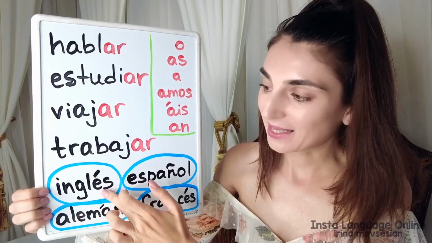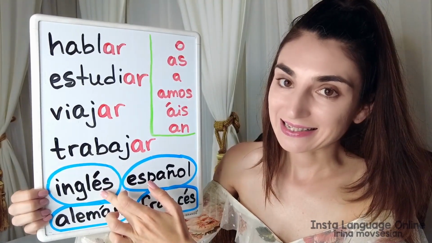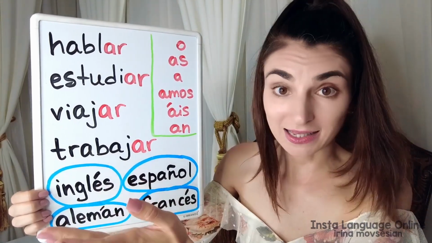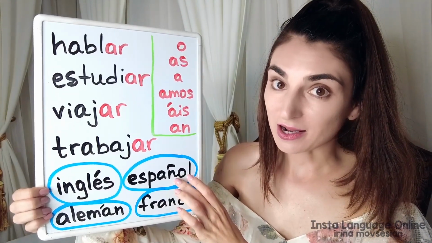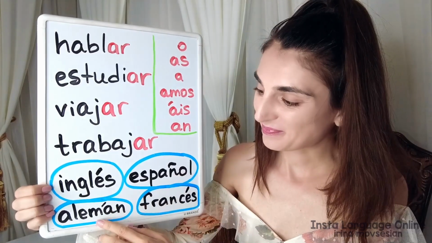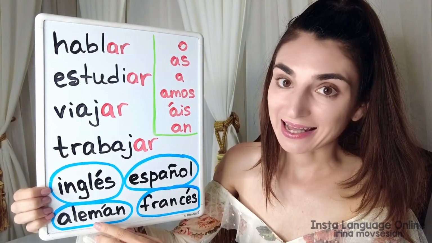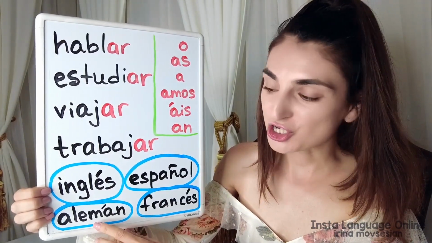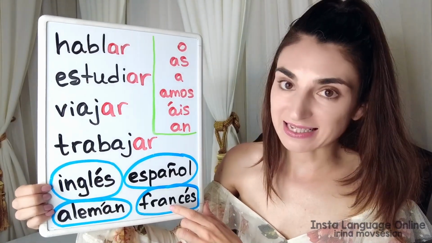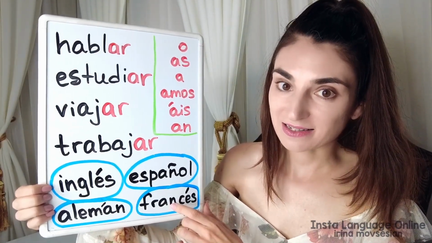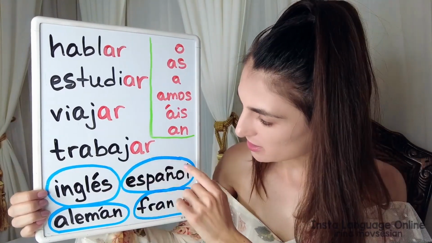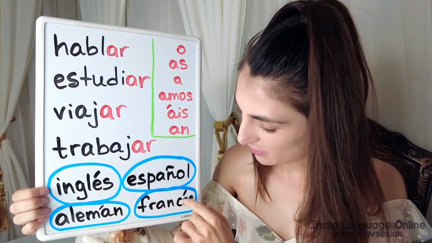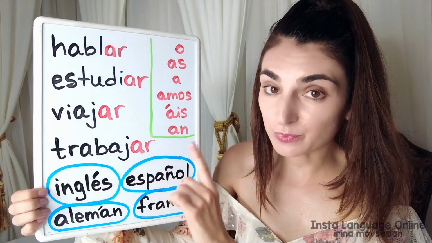Let's read them. Inglés, English. Español, Spanish. Alemán, German. Francés, French. Also, I would like you to notice that we have el acento, so that means you have to put the accent there.